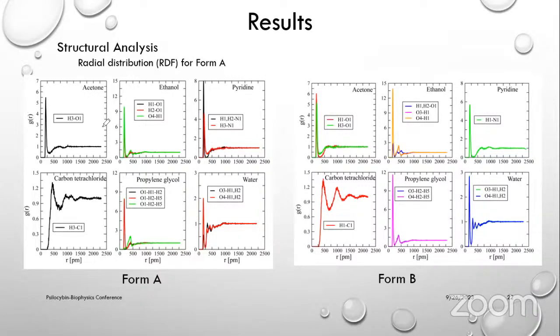So those strongly interacting atoms, we were interested to see how they are behaving in the lab. But generally, you can see most of the RDF is larger in form B.